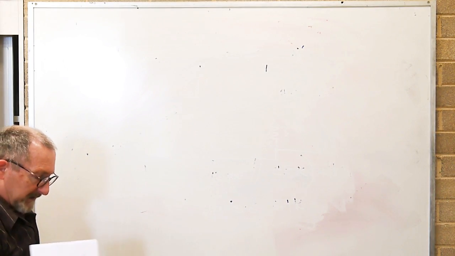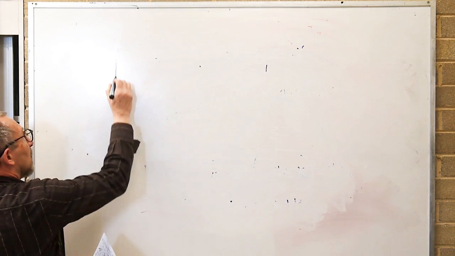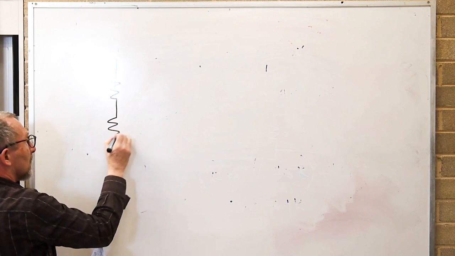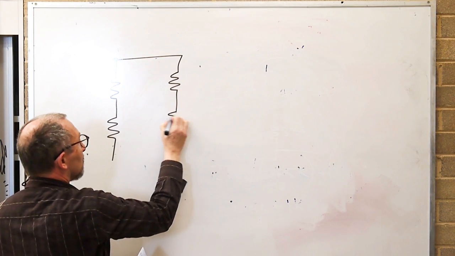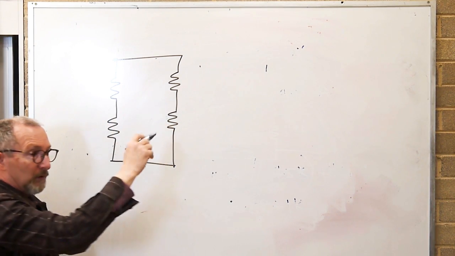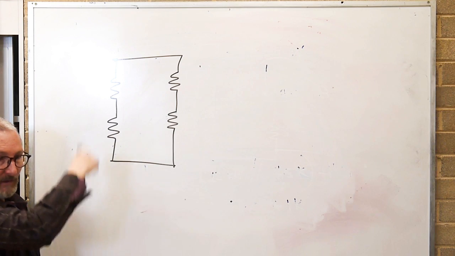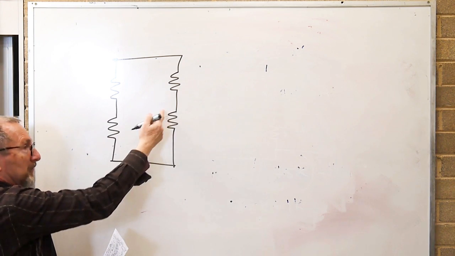The next one is based on the work that we did on the Wheatstone Bridge, because the Wheatstone bridge is only two sets of resistances that are in parallel but split in the middle.